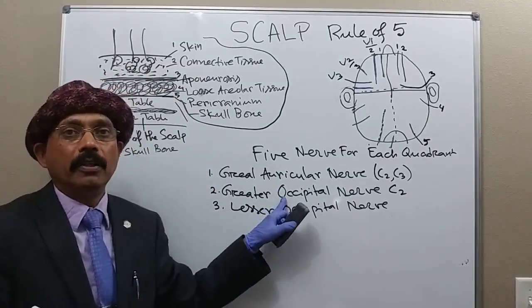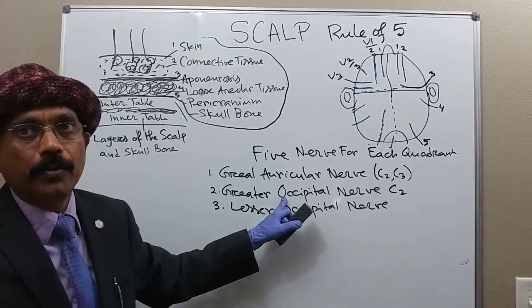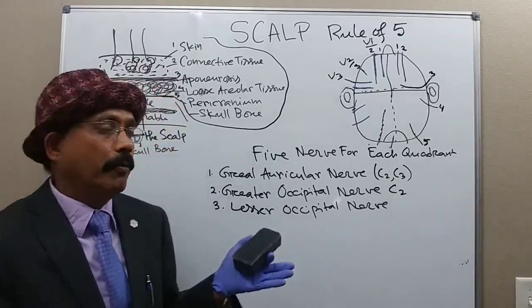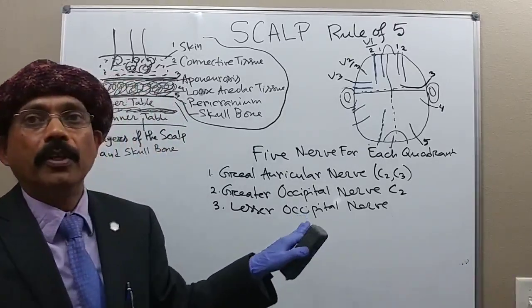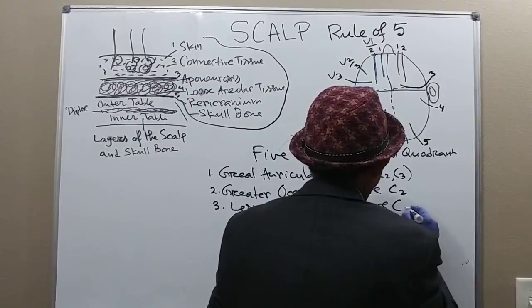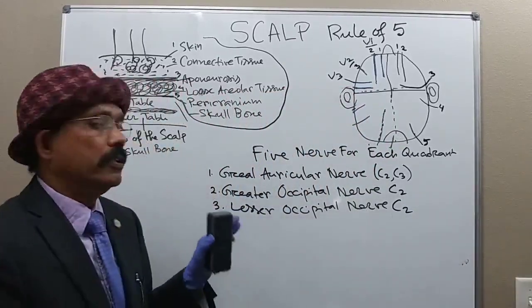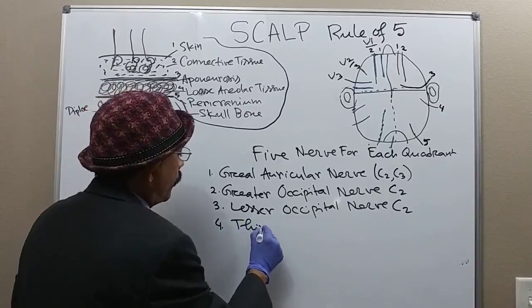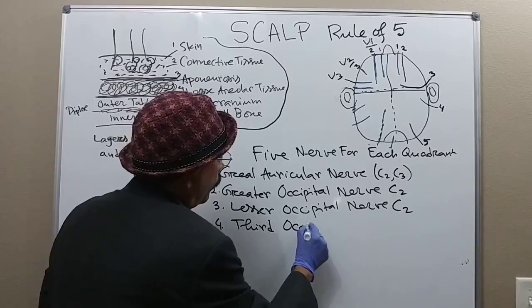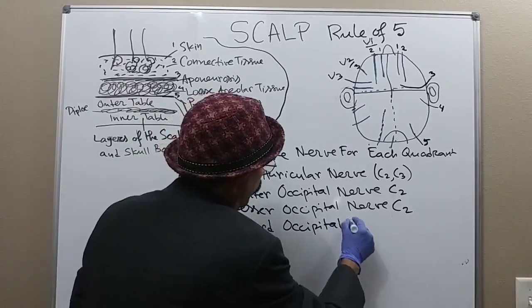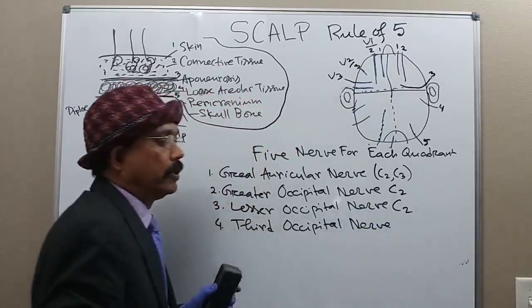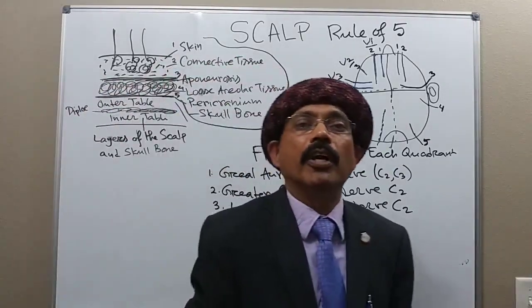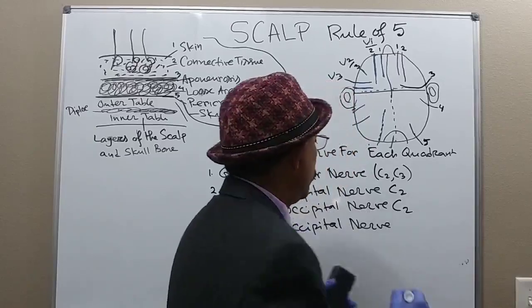Greater occipital nerve is the branch of the posterior rami of the C2 spinal nerve. Lesser occipital nerve is coming from the cervical plexus here from the C2. Okay, then we get the third occipital nerve. Third occipital nerve is the branch of the posterior rami of the C3 spinal nerve.